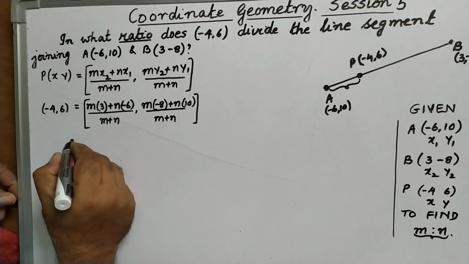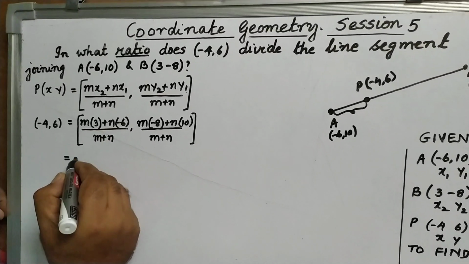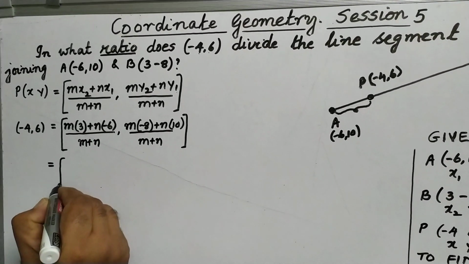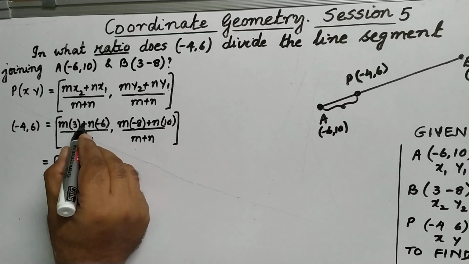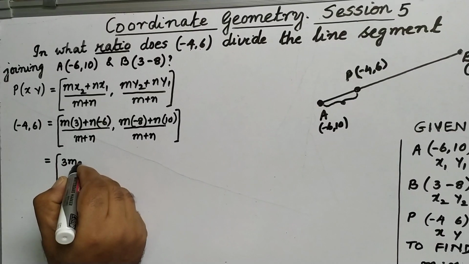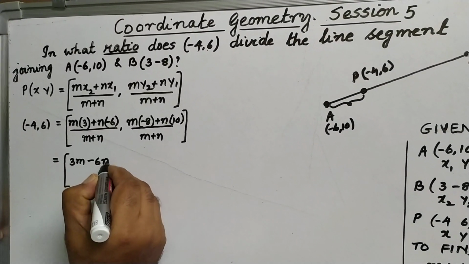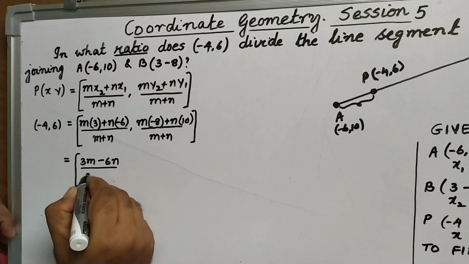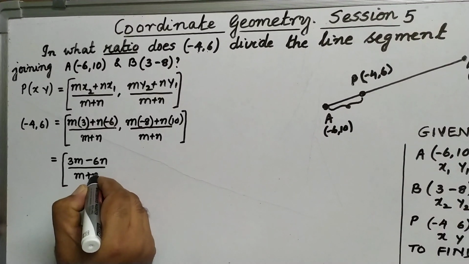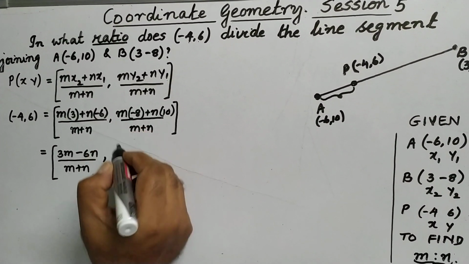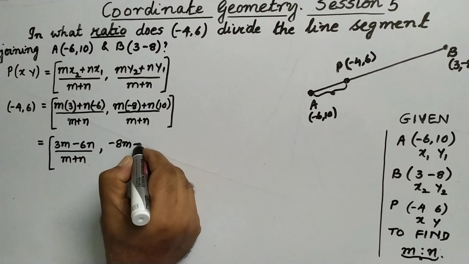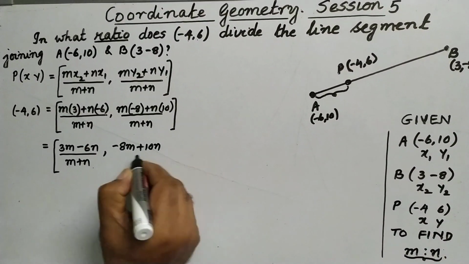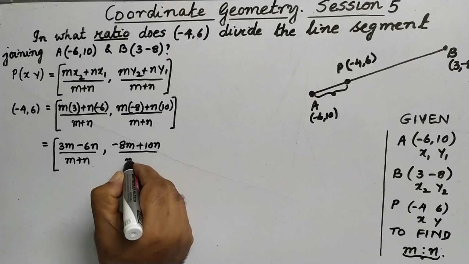If I simplify this, 3 into m will be 3m, -6 into n is -6n, divided by m plus n; -8 into m is -8m, 10 into n is 10n, divided by m plus n.